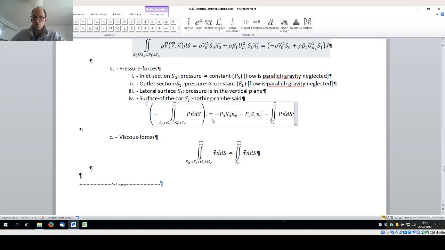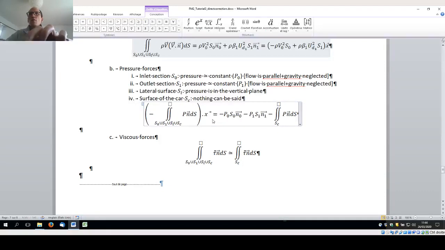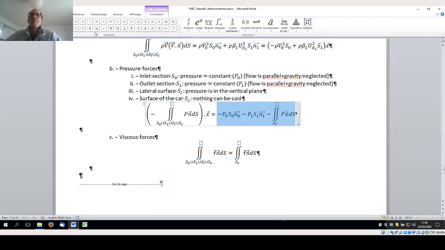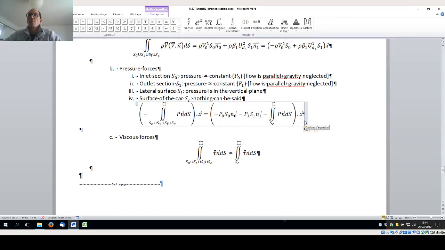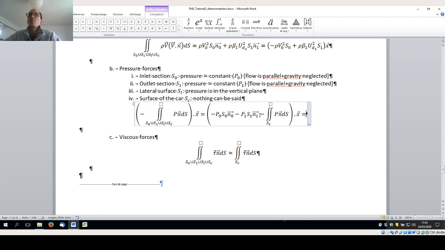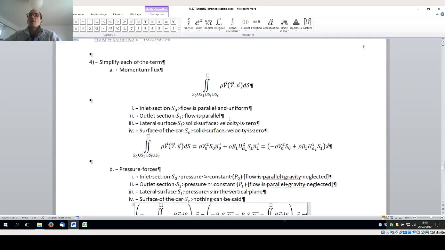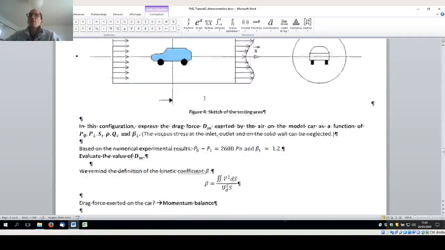If we just do the projection along x, we'll do this, which gives you something like n0 is along minus x.